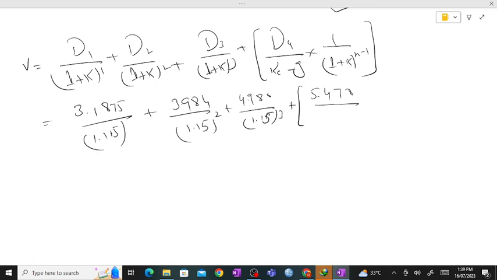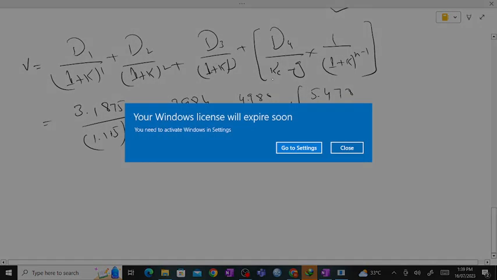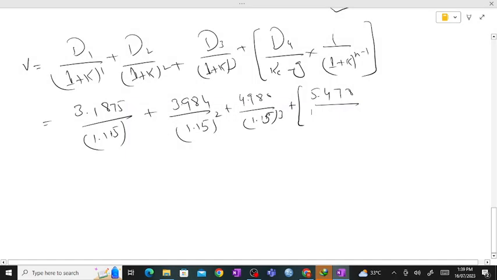KE we have 15%, and for growth, how much growth do we have? We have 10% because of the fourth year. So KE in the question is 15%, and for year 4 we have 10%.